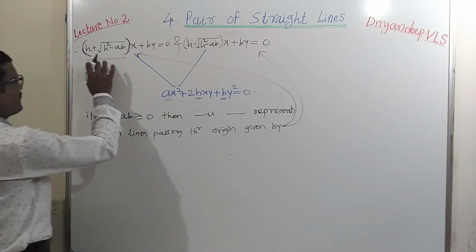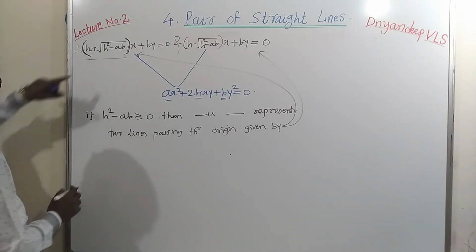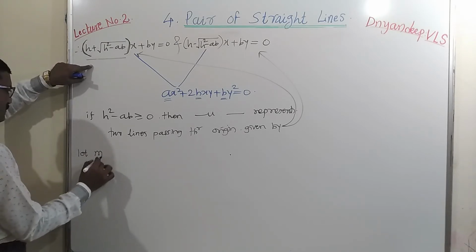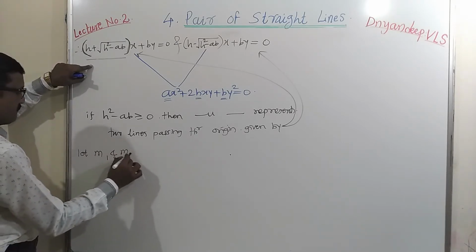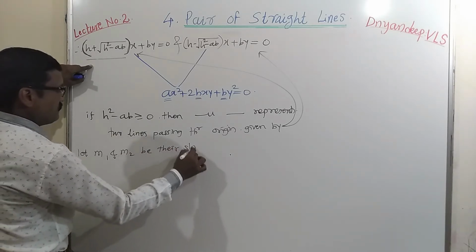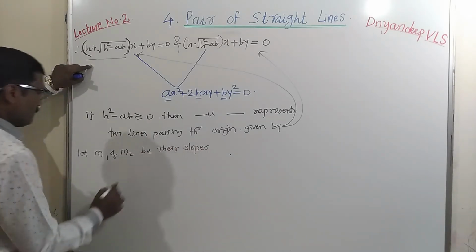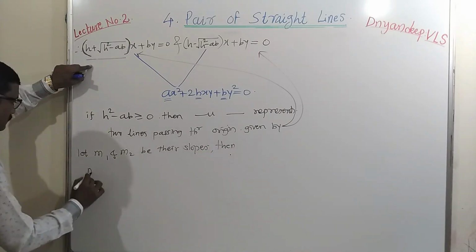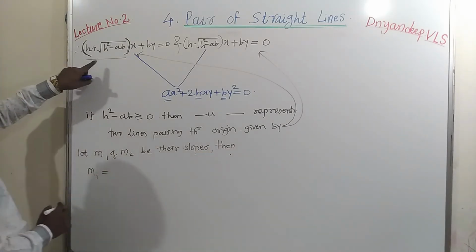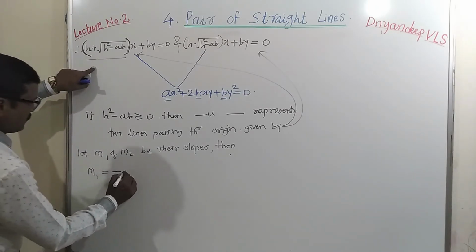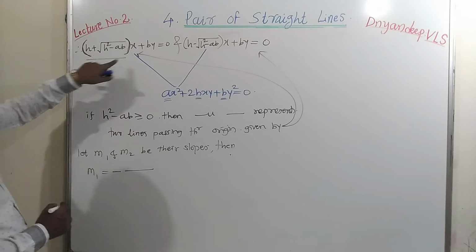now let us find the slope of this line. Let m1 and m2 be their slopes. Then what is m1? m1 is equal to, slope of line is nothing but the negative ratio of coefficient of x and coefficient of y.